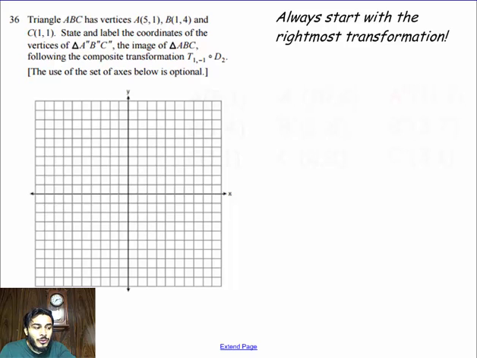Okay, number 36 says triangle ABC has vertices A(5, 1), B(1, 4), and C(1, 1).